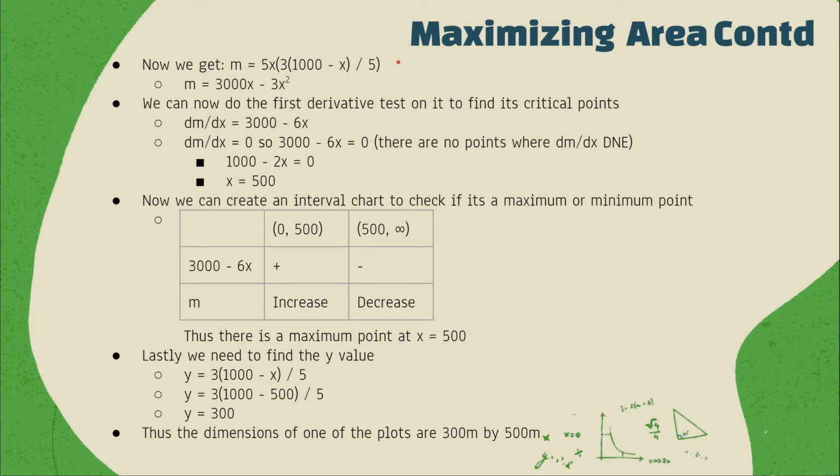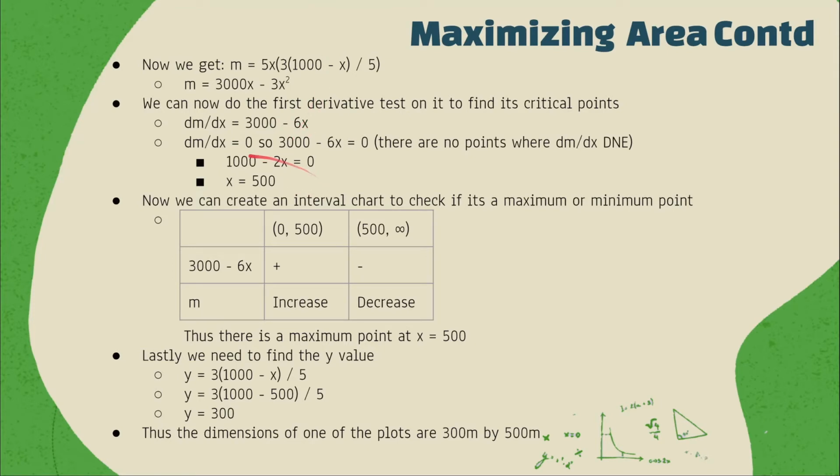We also know that for us to have a local maximum or a local minimum, we must have the derivative equal to 0. Right? So we say it's equal to 0, so we get 3,000 minus 6x is equal to 0. There are no points where this value would not exist because we have a polynomial function.